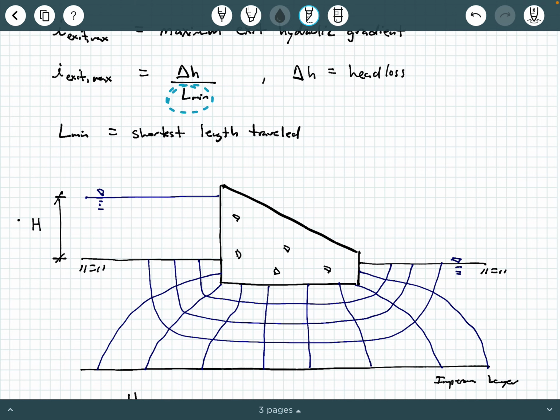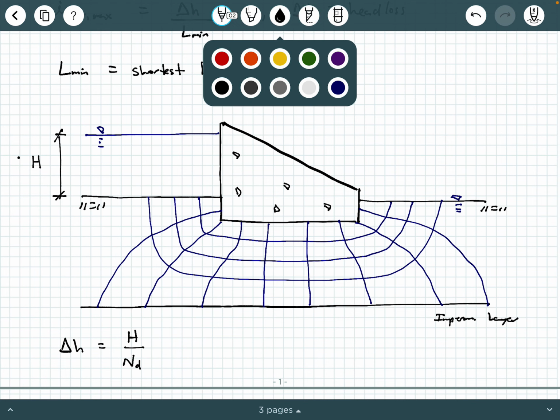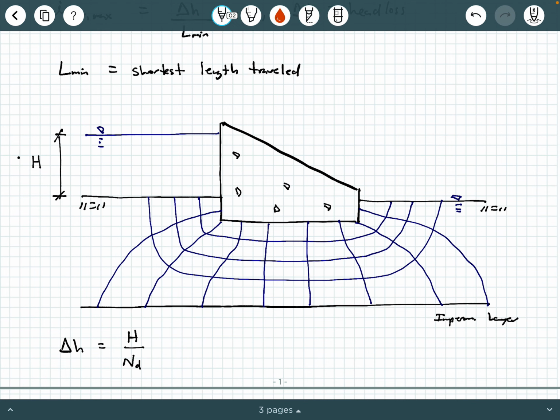What about L min? Well, this is the shortest length traveled. Typically what you do for L min is you look at this length, we'll call this L min. You look at this length, which is the shortest path traveled on the downstream side.